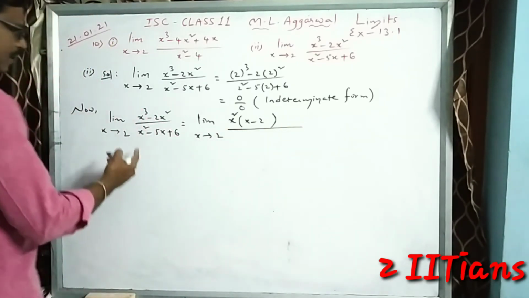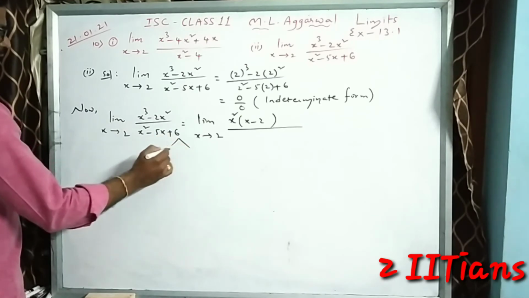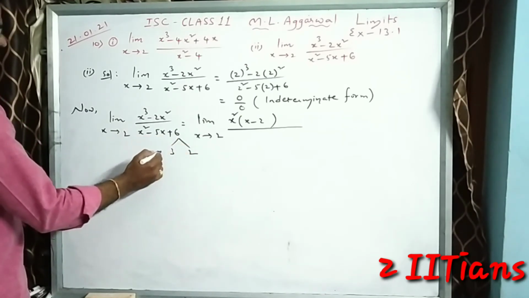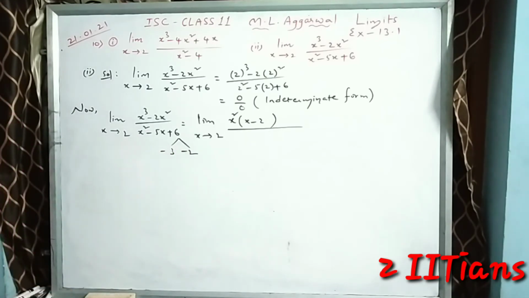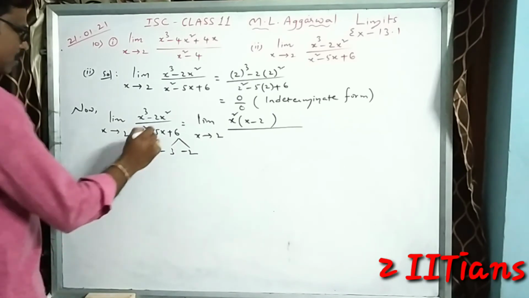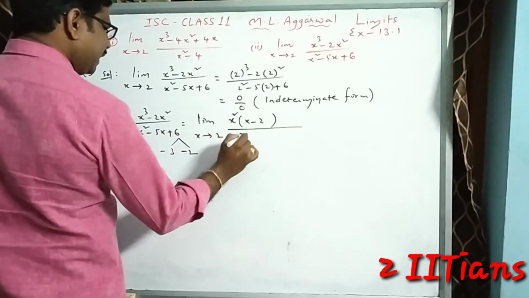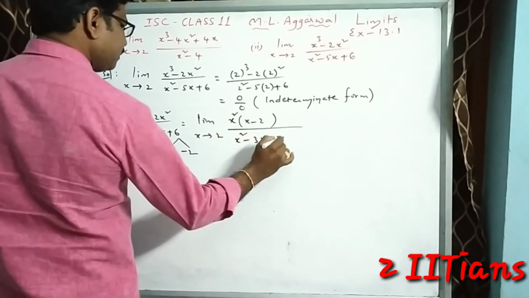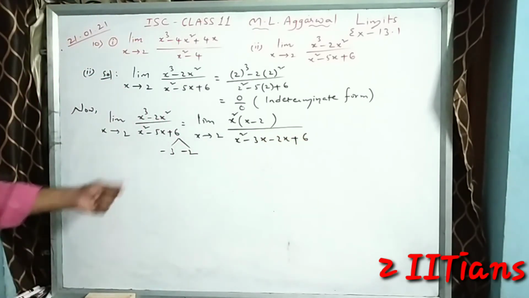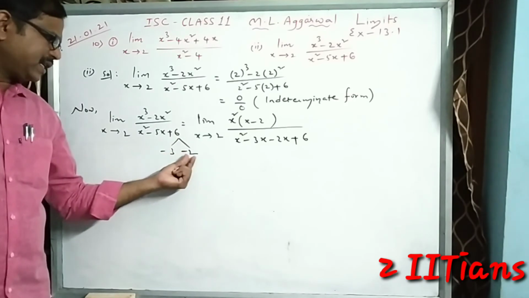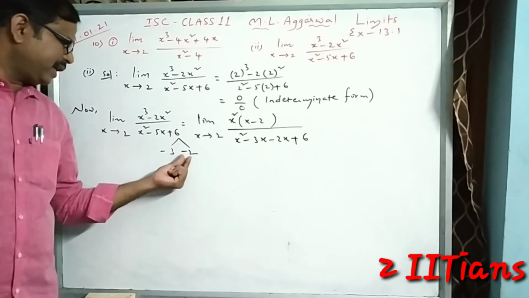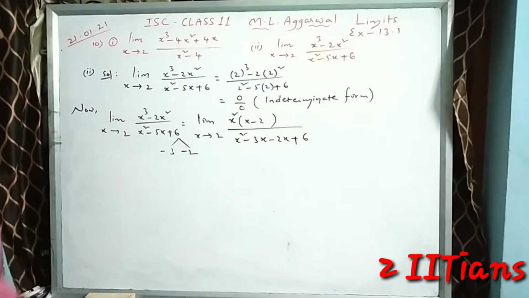By this I will take factorization here, 3 2's I will take. Since we have minus 5 here, minus 3 minus 2. Everybody knows the factorization of splitting middle term. So this minus 5x can be written as minus 3x minus 2x plus 6. Hope it is clear. 6 means 3 2's are 6. Minus 3 minus 2, I am taking minus 3 into minus 2. It is positive 6, right?